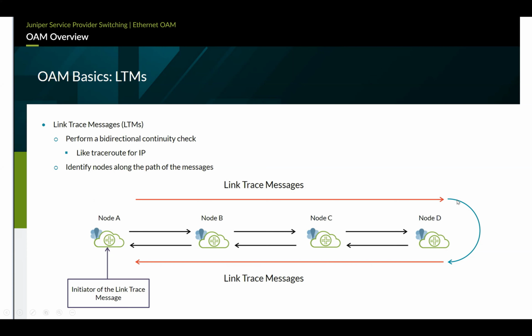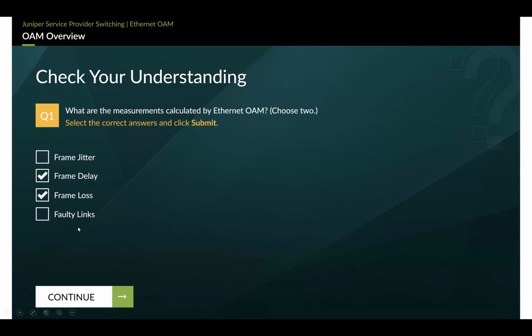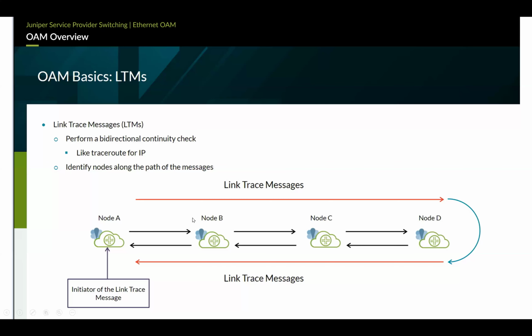So link trace message is sent, and in reply they also send link trace message. It is bidirectional and identifies nodes along the path of the message. So this LTM message is used to discover whether your entire path is okay or not.